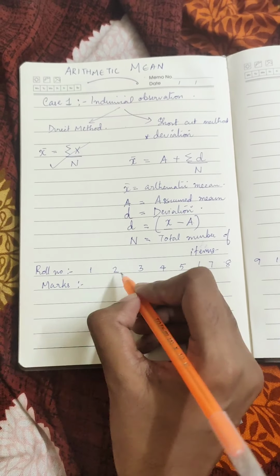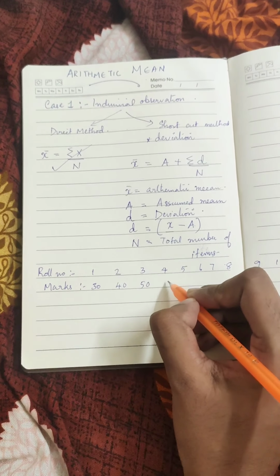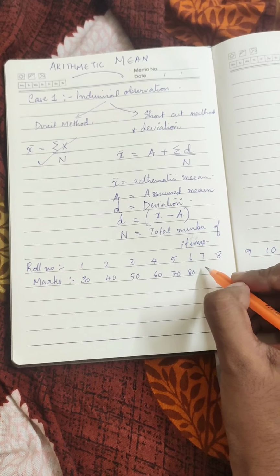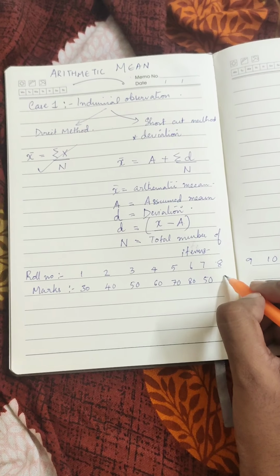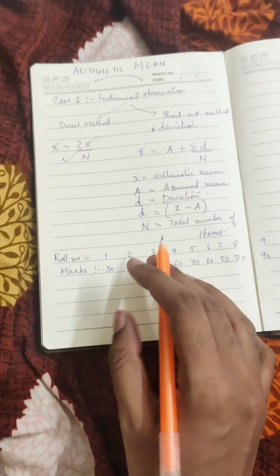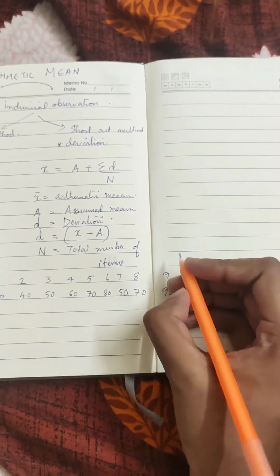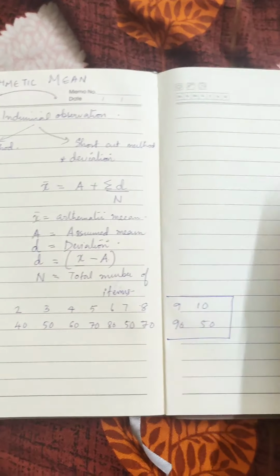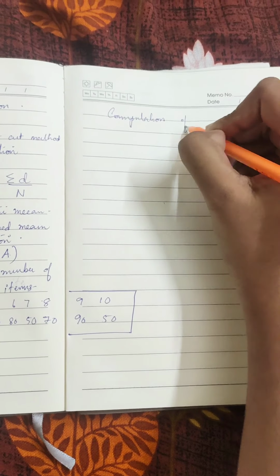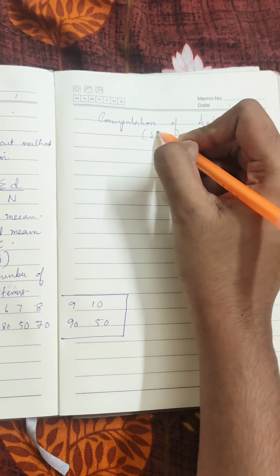Okay, and then I'll give marks: for 1 as 30, 40, 50, 60, 70, 80, then again a 50, maybe 70, 90, and then maybe a 50. Alright, so when you are using the shortcut method, first you do the computation of arithmetic mean in your shortcut method.